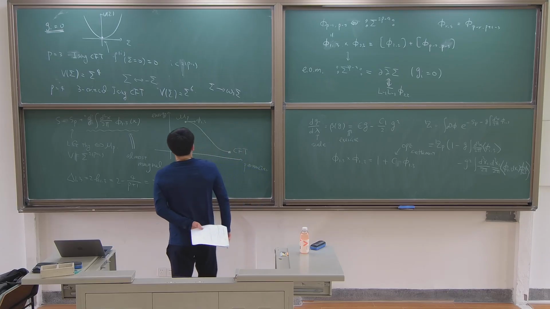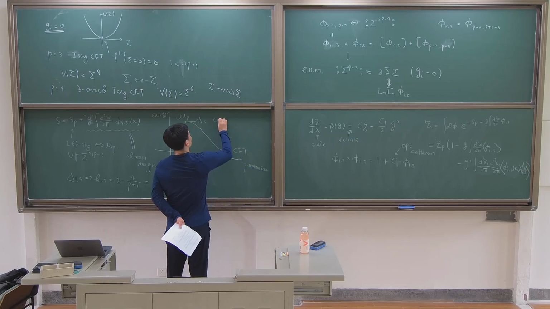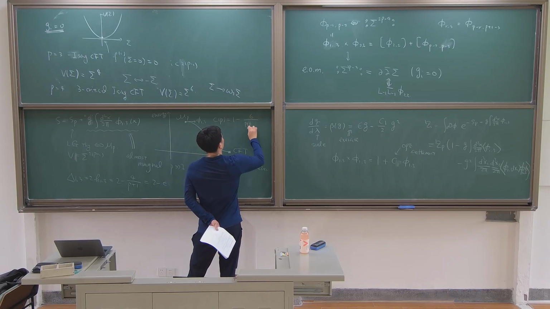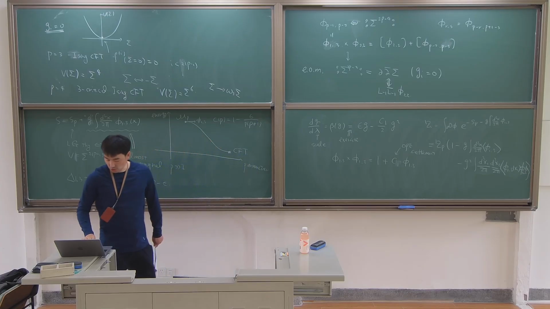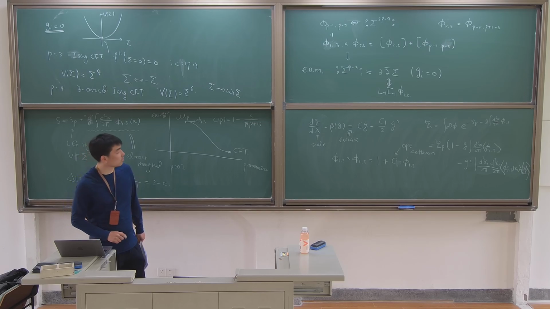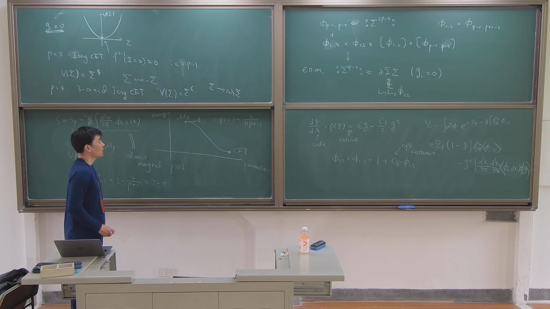These minimal models have the central charge c_P, which is 1 minus 6 over P times P plus 1. I hope I'm not mistaken. Yeah, that's the central charge we have.